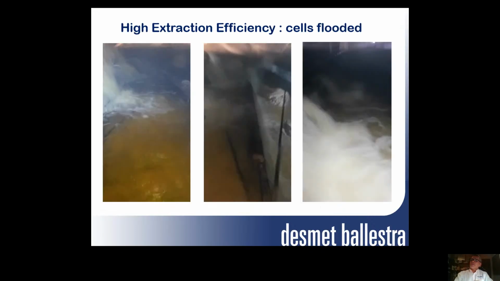Here it can be seen clearly, this is a real extractor in a plant of 12,000 tons per day. It's completely flooded. I guess it's clear that all this is flooded with the micella, but the material is just underneath a short bath of micella.